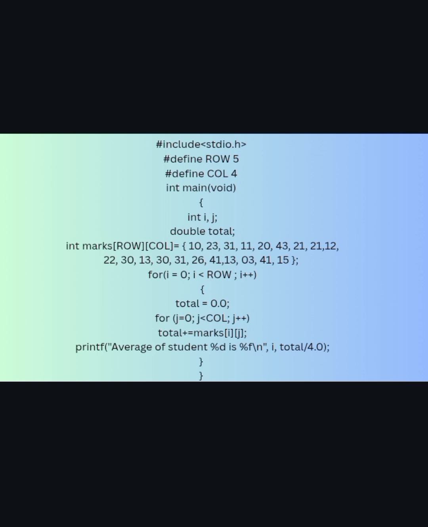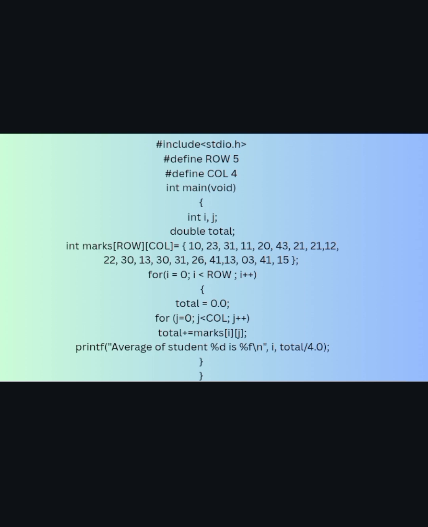This is an example of a two-dimensional array. #include <stdio.h>, #define ROW 5 and #define COLUMN 4. int main, curly bracket open, int i, j, double total, int marks[ROW][COLUMN] with the values 10 23 31 11 10 43 21 21 12 22 30 13 30 31 26 41 13 03 41 15.